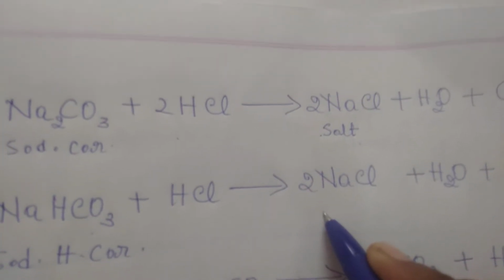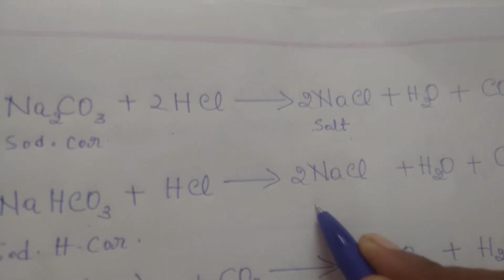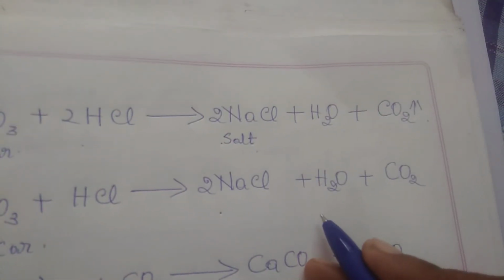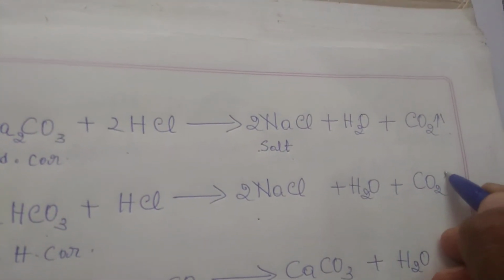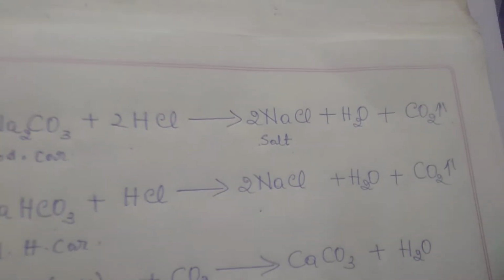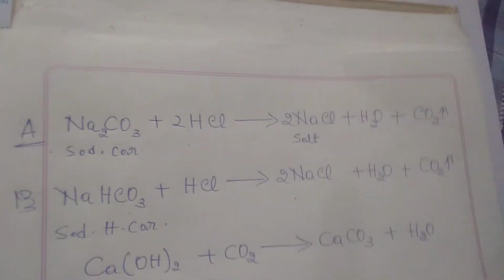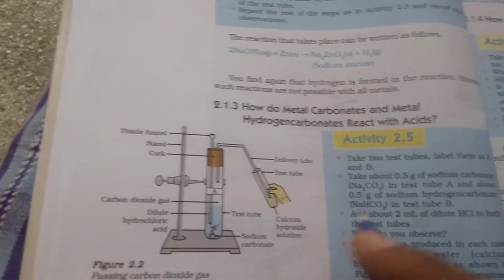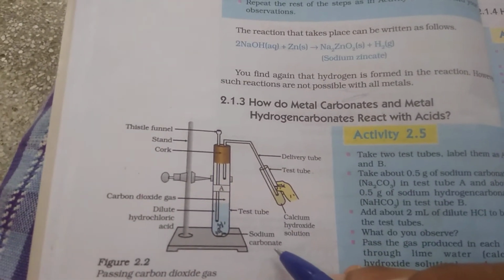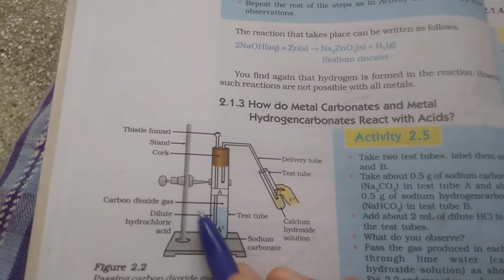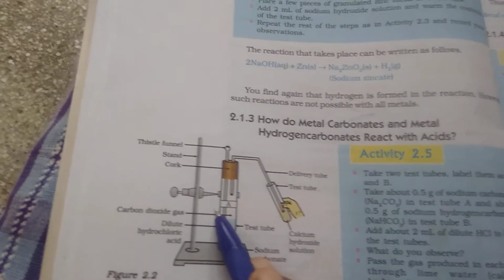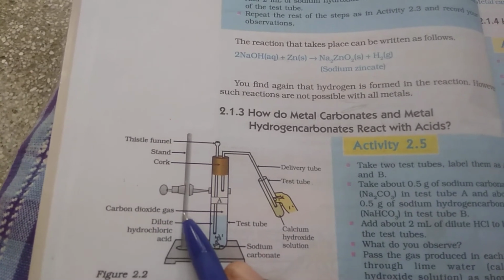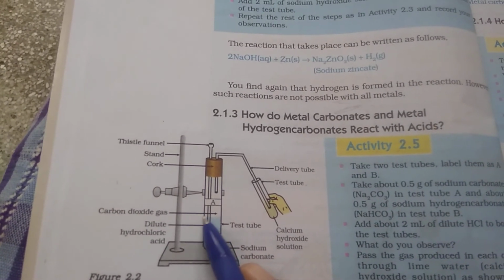At that time also we find the formation of sodium chloride, water, and carbon dioxide gas. In this figure, there is a delivery tube meant for passage of the carbon dioxide.